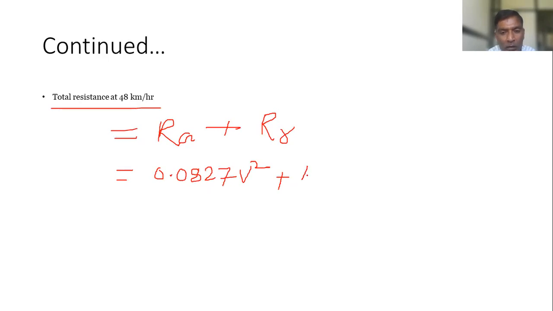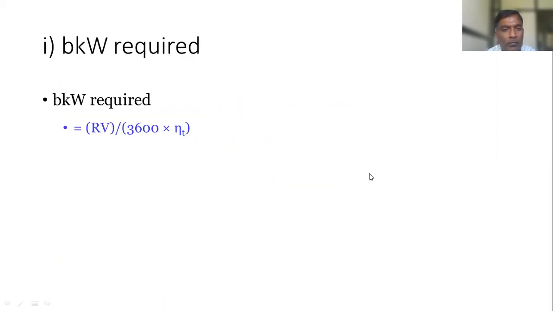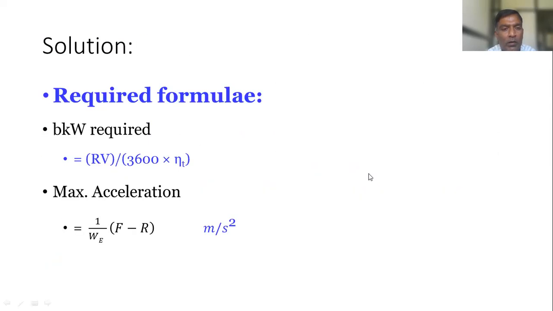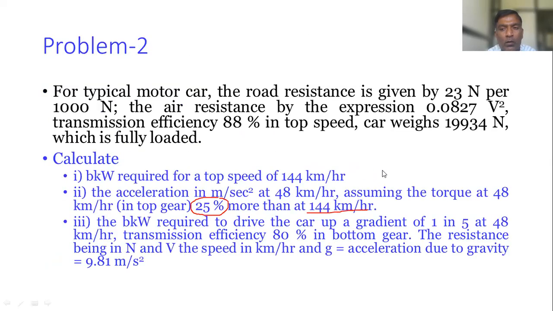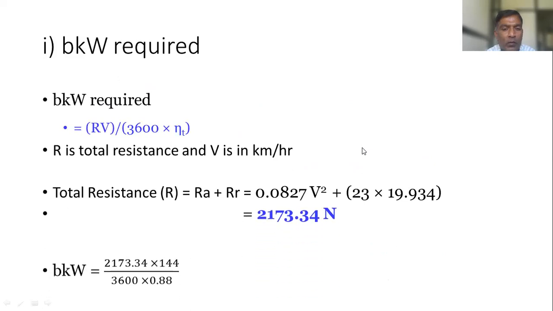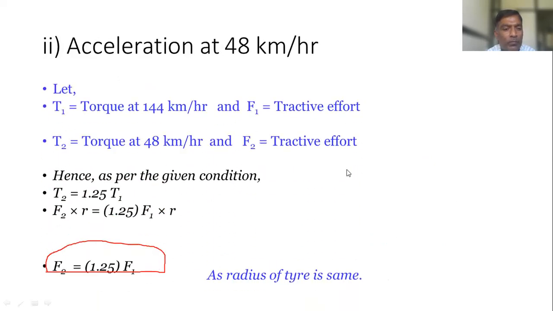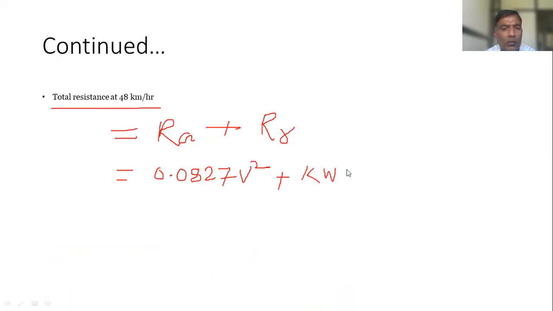They have given something there, we will check what formula they have given. You can write in terms of this. So next line, 1000 per 23 Newton they have given. Okay.